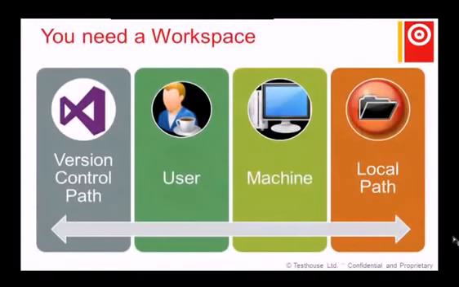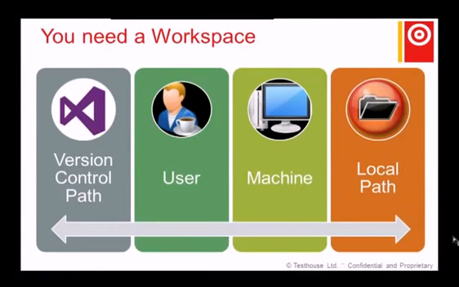So we need a workspace, and there are 4 elements to a workspace. There's the version control path, which is where on the server you can find the files that I'm going to be interested in. Then every workspace has a user who owns it and a machine that it's hosted on, where the files will be coming out to, and a local path within that machine, which you can specify somewhere on your local drive.